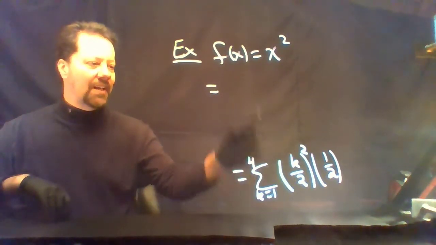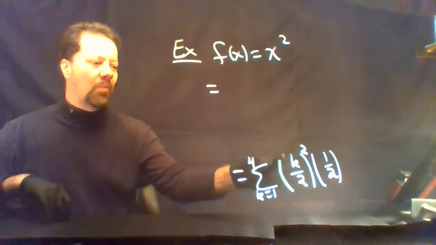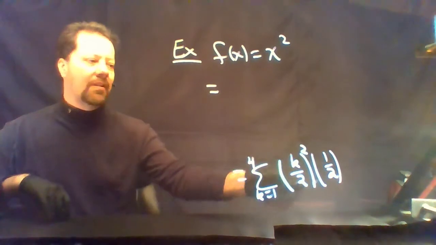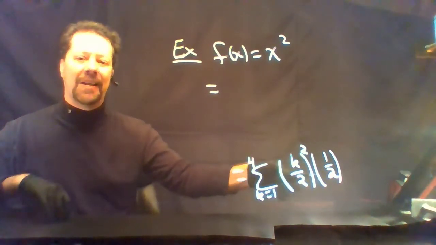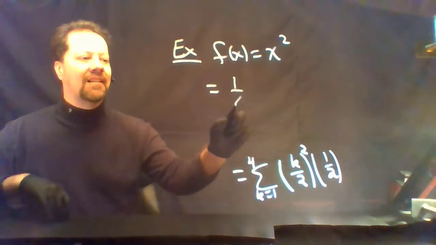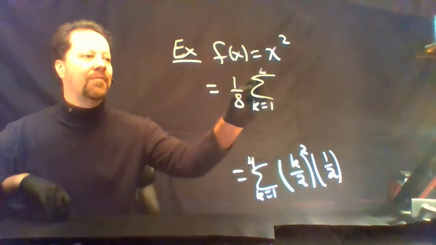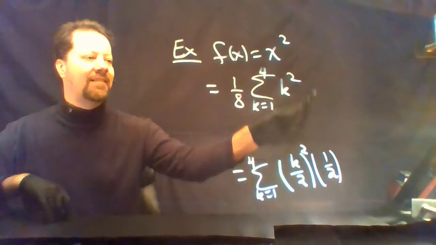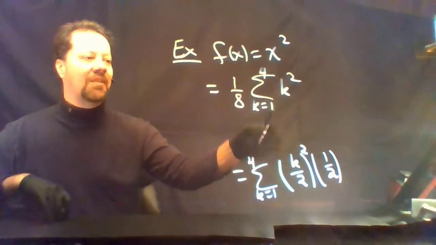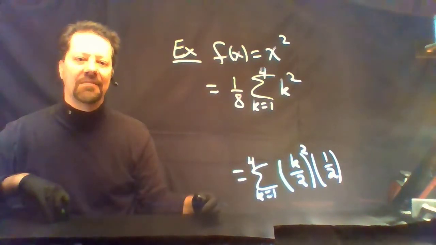It follows then that we'll have k squared over 4 times 1/2. We're going to have a denominator of 8. That can be factored out because constants can be factored out of these sums. We're summing from k equals 1 to 4 of k squared.